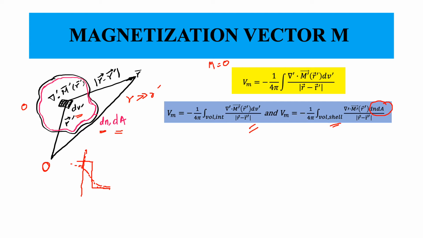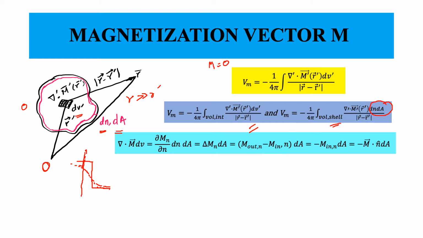In practice that happens, and this is the sort of jump discontinuity you are going to get. If you imagine a small length dn, then the change in the magnetization over a small shell along this length dn is given by del dot M dV.